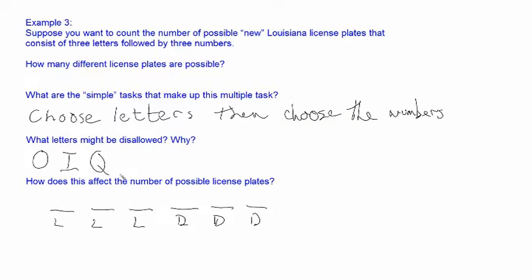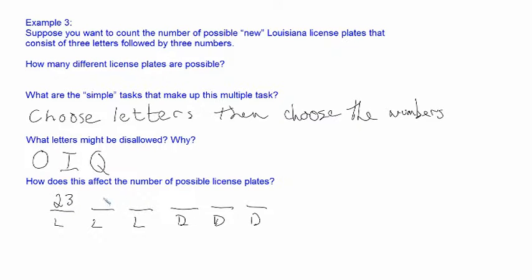It may be helpful to you, when you're working with these multiplication type problems, to create a little set of slots where you're going to put the numbers of how many ways to do the tasks. So if we've disallowed 3 letters, then there are 23 remaining letters in the alphabet that could go in the first letter slot.